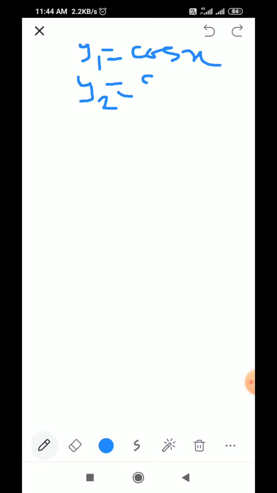Look at the screen: y1 is equal to cos x and y2 is equal to sin x.